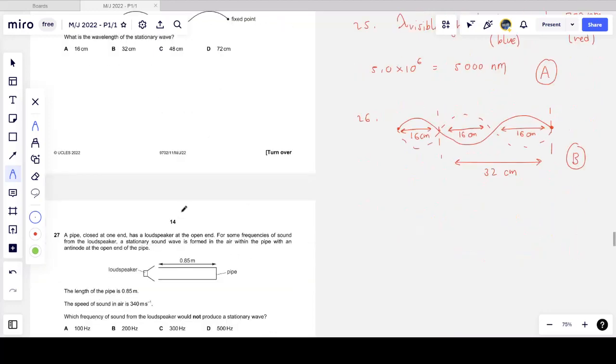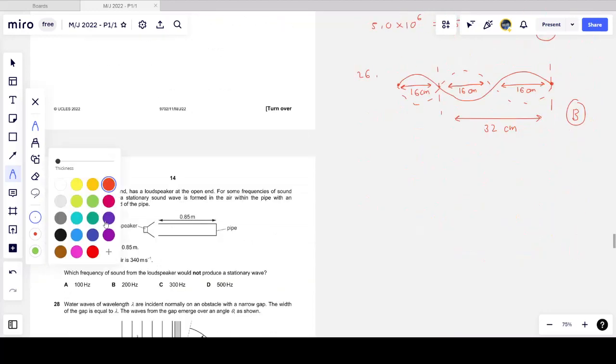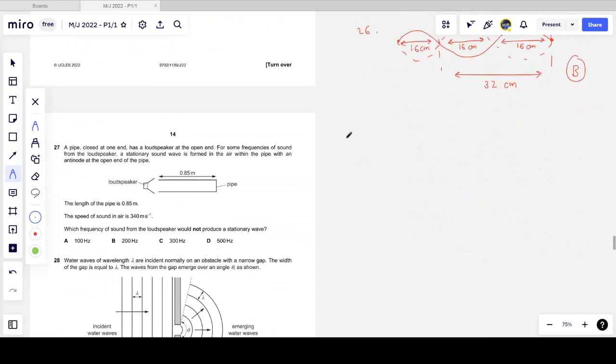So understanding of stationary waves, which is a complicated topic, is extremely important. Now, question 27 tests my understanding of stationary waves in greater depth.